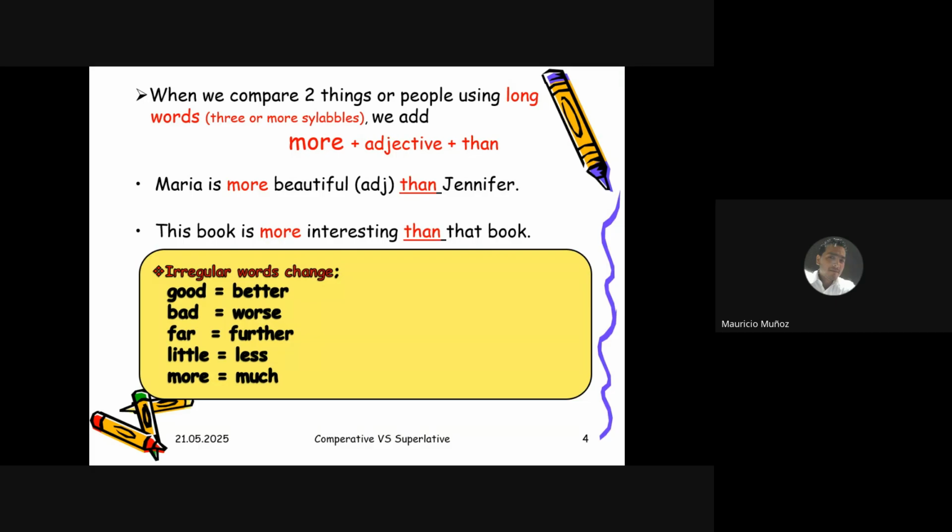So remember we are working on how to make comparative sentences.